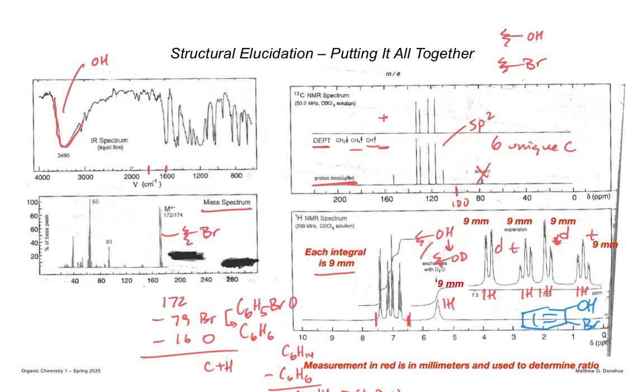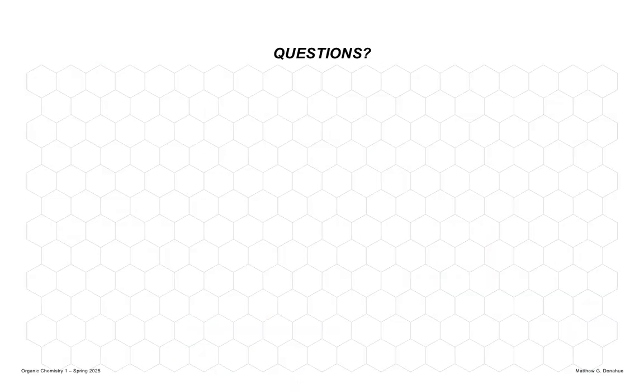And I hope that this problem illustrated to you. So we have C6H5BrO, 4 degrees of unsaturation. Carbons are sp2 hybridized. There's 6 of them.